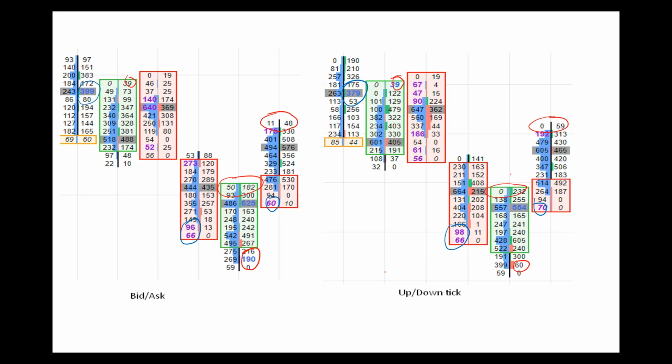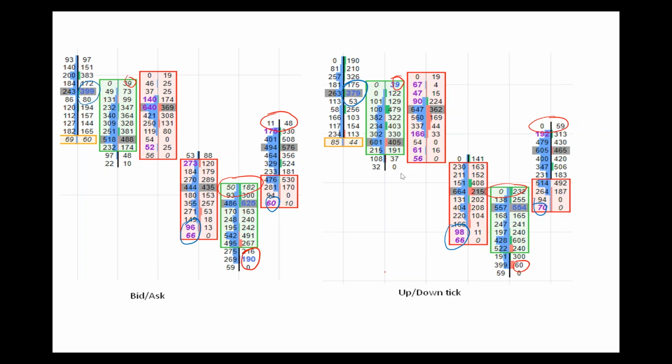Okay. So I'm going to check if you have maybe a few questions. Let me check. Let's see. There's a question on, can you get volume with up-down tick? Yes, of course.